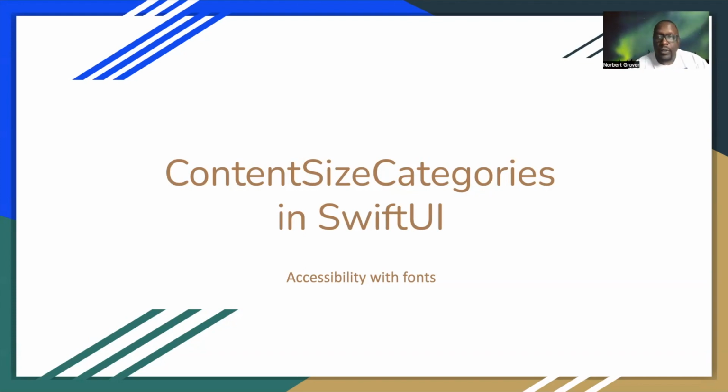So, content size categories are meant to help people who have sight problems. You go to your settings, which we will do, and you increase your default size.